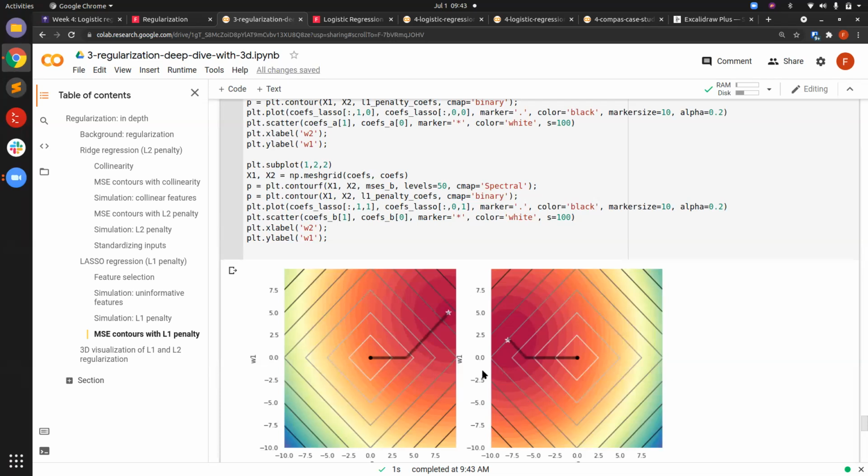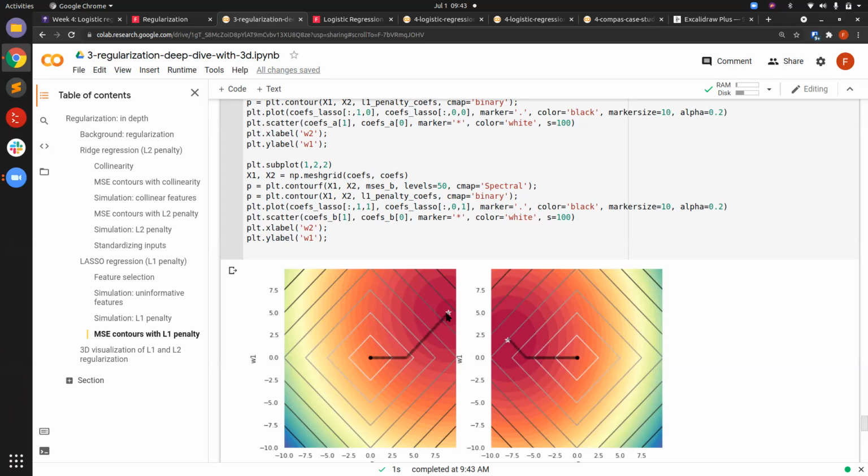So for the L1 regularization, for alpha equal to 0, the L1 penalty term is zeroed out, and we end up at the true coefficients. As alpha increases, we start to decrease both coefficient estimates equally. With the L1 penalty, both coefficients contribute equally towards the penalty term. It doesn't matter if they're small or large.